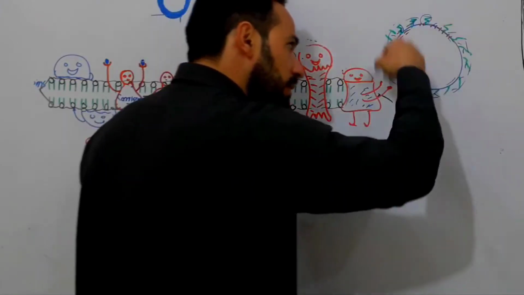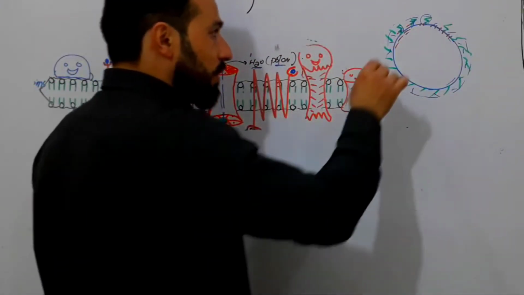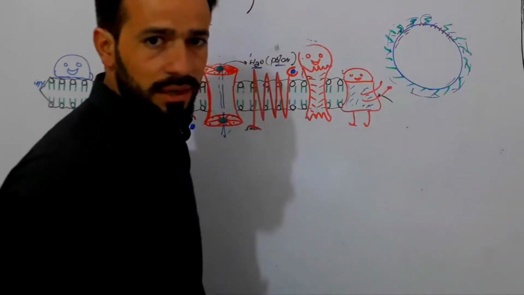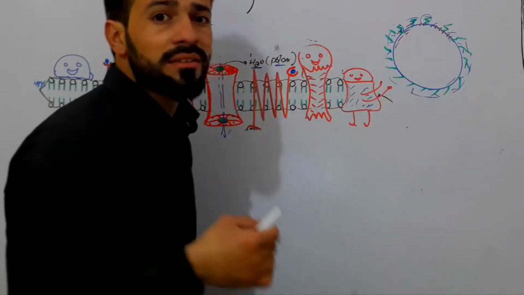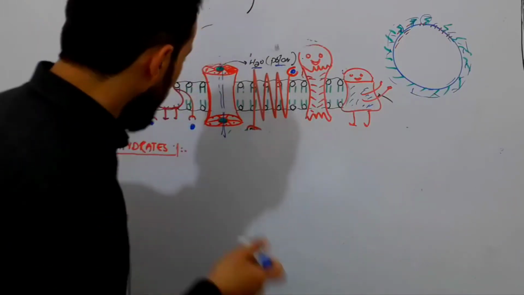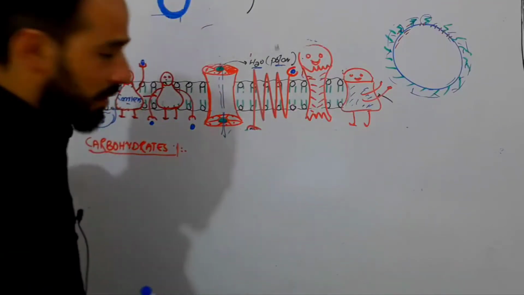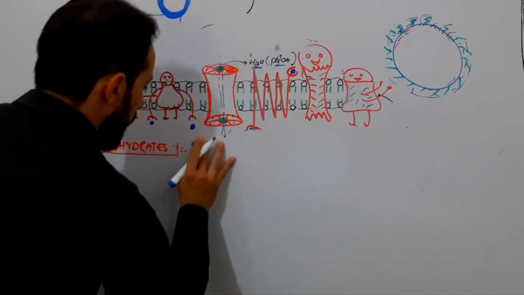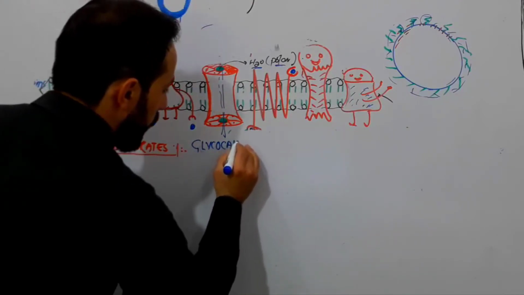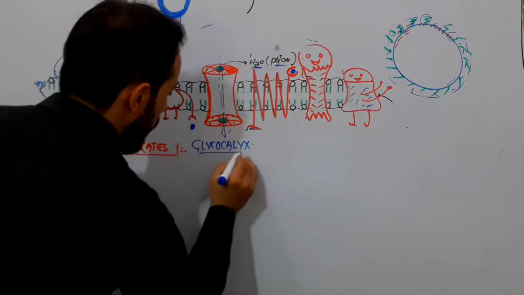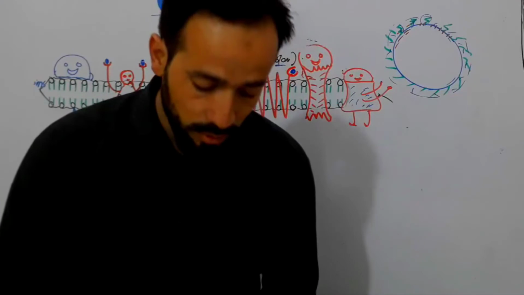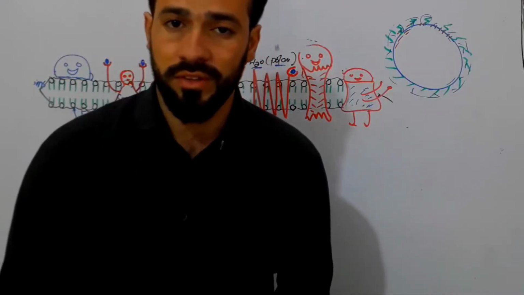So they make a layer around the cell membrane, and that layer made by the carbohydrates of the cell membrane is called the glycocalyx. Let me write it here. So when we talk about the glycocalyx of the cell membrane, we are talking about the carbohydrates of the cell membrane.